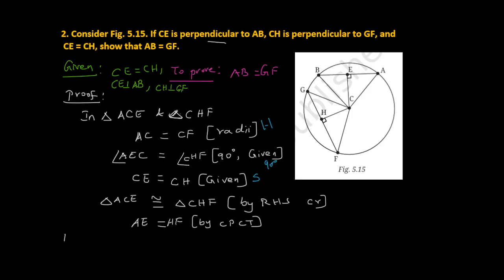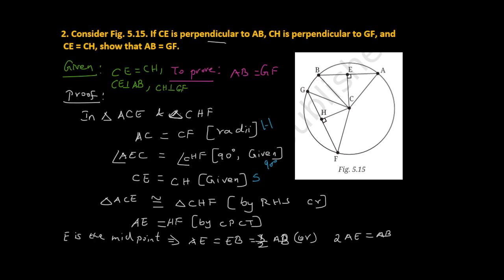So if E is the midpoint, it means AE is equal to EB, which is equal to half of AB. Otherwise we can take twice AE is equal to AB.